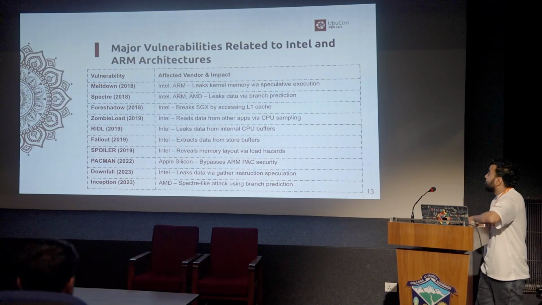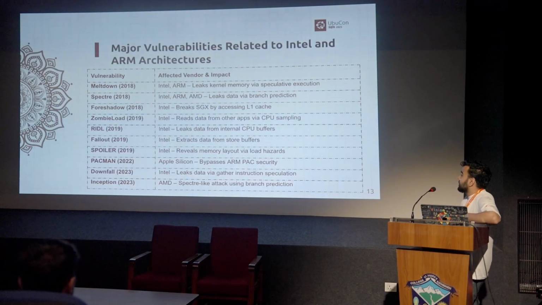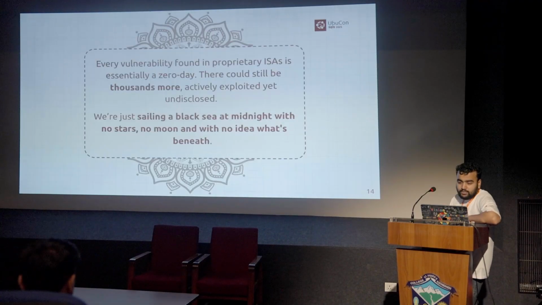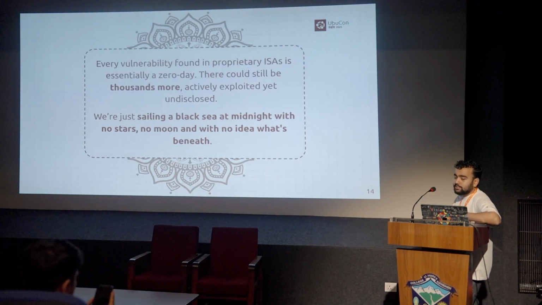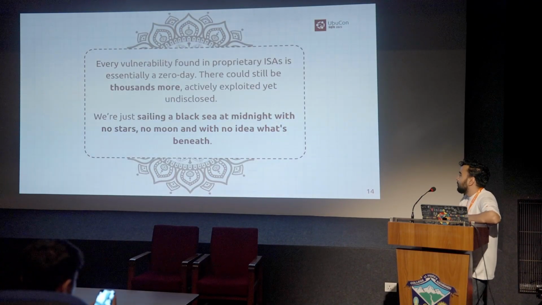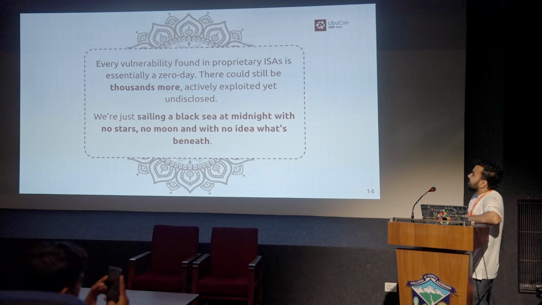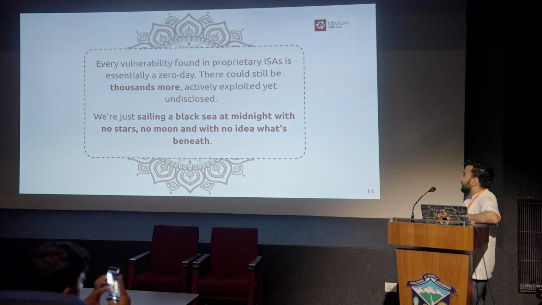One issue that we can solve with open hardware or open ISAs is this. Every vulnerability found in a proprietary ISA is essentially a zero-day because it's never solved from our side. There could be 1,000 more and we might be exploited but undisclosed. We are sailing a black sea at midnight with no stars, no moon, and no idea what's beneath.